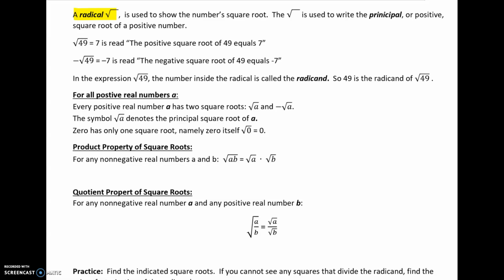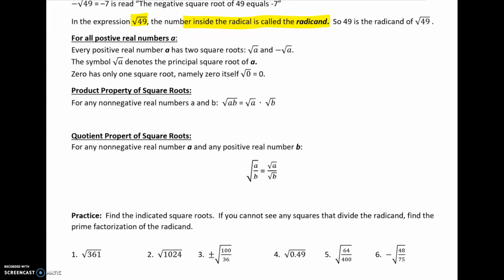I usually just read it as the square root of 49 equals 7, assuming we know it's a positive. The negative square root of 49 equals negative 7 is read the negative square root of 49 equals negative 7. In the expression, the square root of 49, the number inside the radical is called the radicand. So 49 is the radicand of the square root of 49.